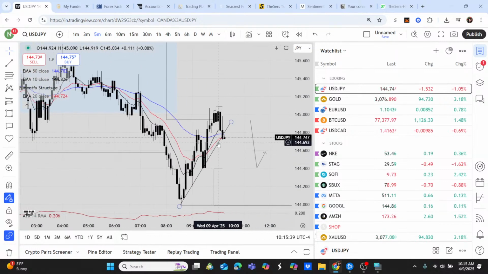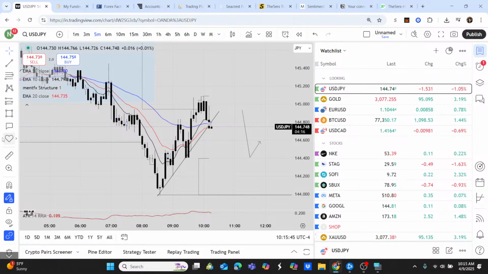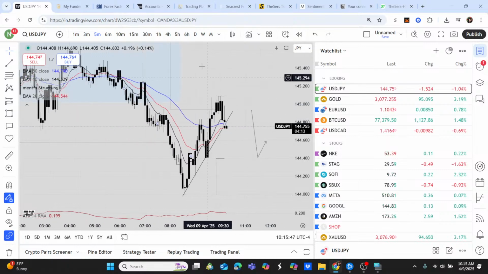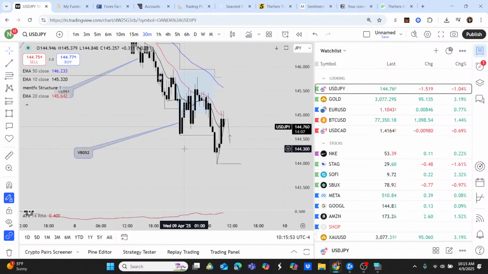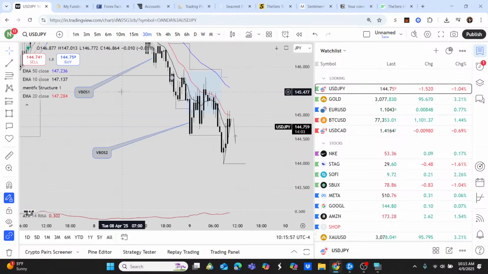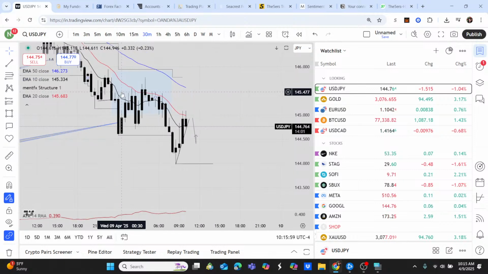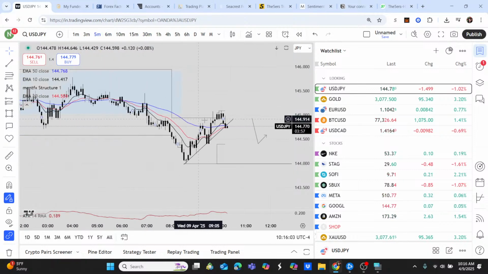I'll probably wait for more of a move down before waiting for the impulse to pause, then the sell stop. So I'll probably wait for. Look, everything still looks clear. Yeah, so I'm gonna wait for it.